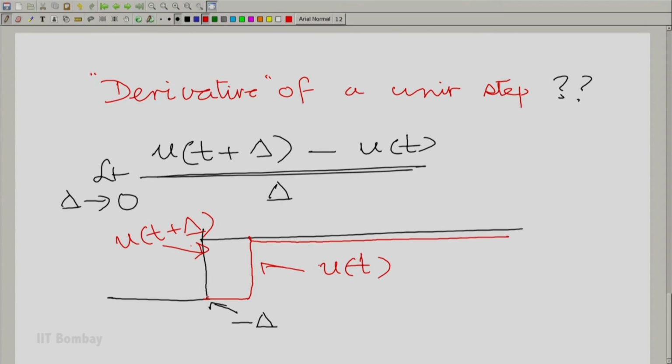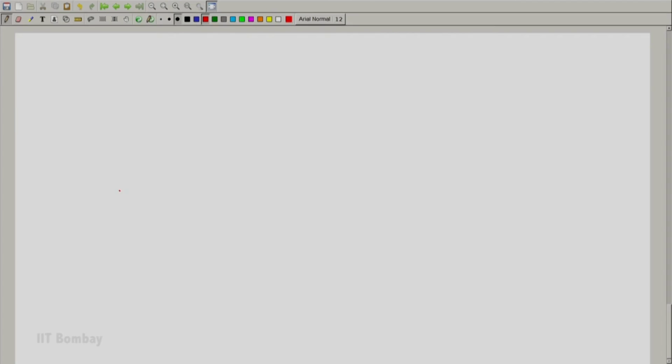And remember, you are subtracting the red function from the black function, and you are dividing this difference by δ, or multiplying it by 1 by δ. Let us draw that difference and scaled version.